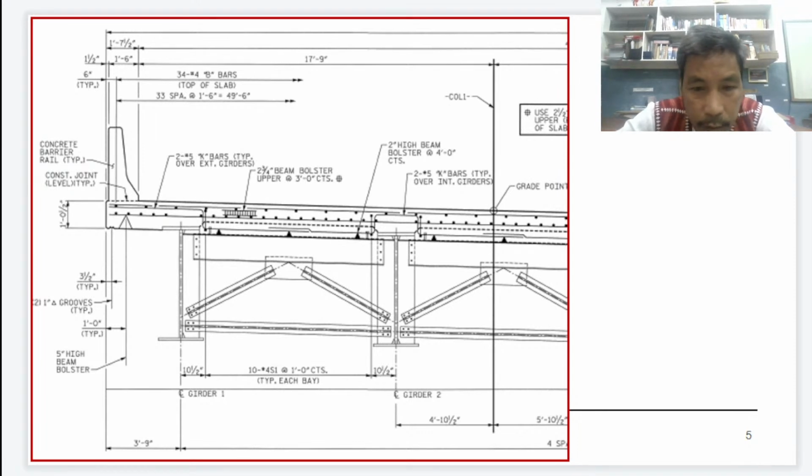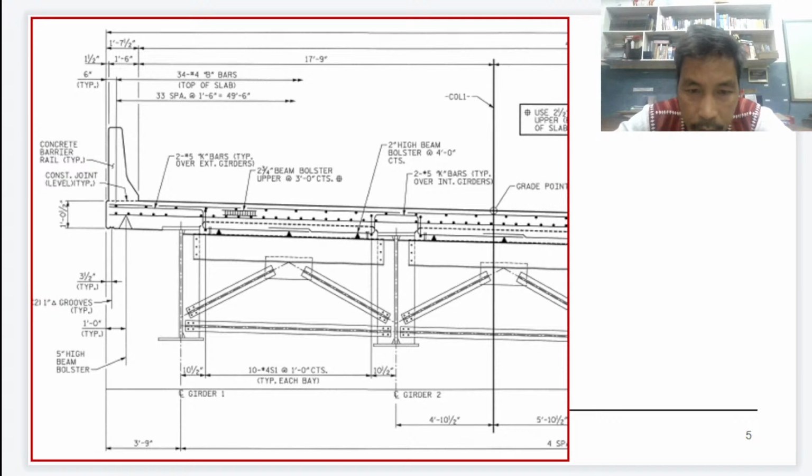So what else can we see on this plan? Bay. Typically it's bay. Bay meaning the girder to girder distance.